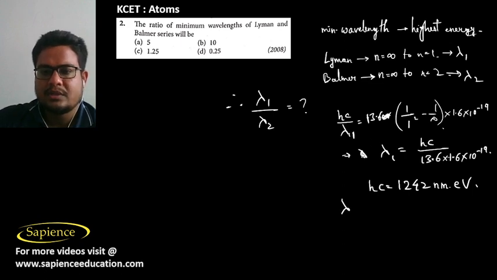So lambda 1 is equal to hc, that is 1242 divided by 13.6. This is in electron volt, so this much in nanometer.